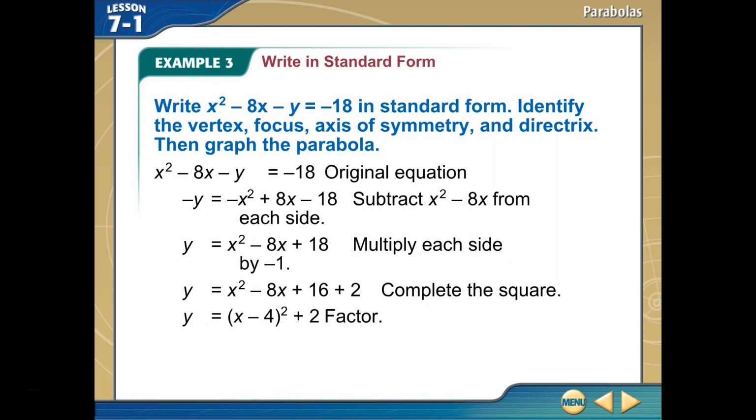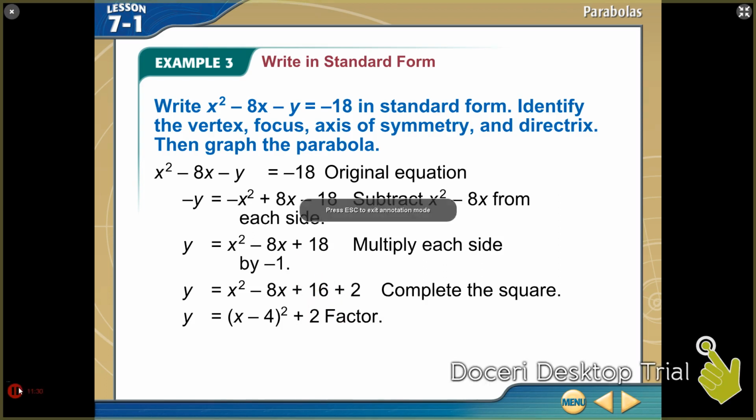All right, so I get x minus 4 squared plus 2. Right. Now, that doesn't really make sense if we look at this. What they've kind of skipped over here, what we need to be a little bit careful of, is that I've added the 16 on this side.